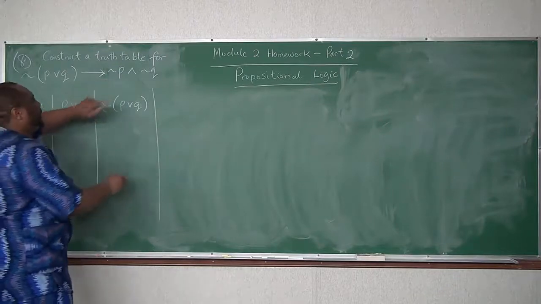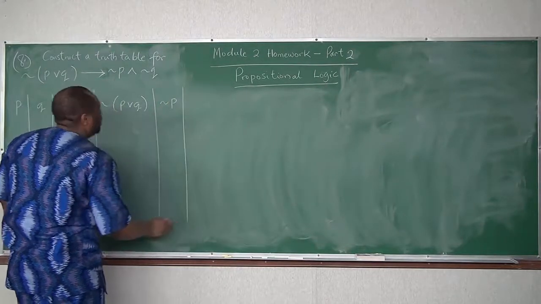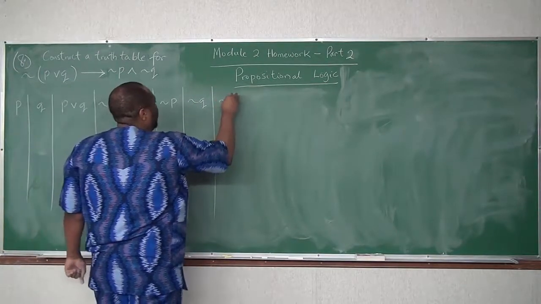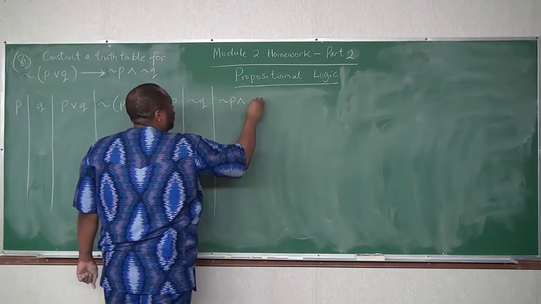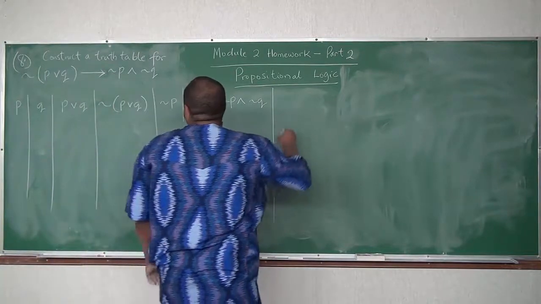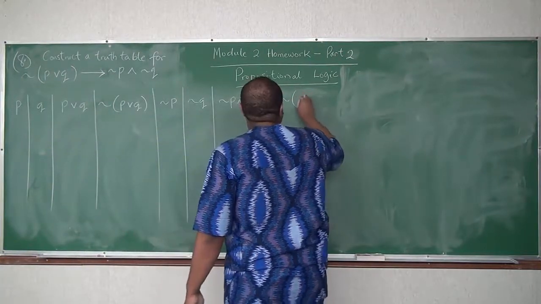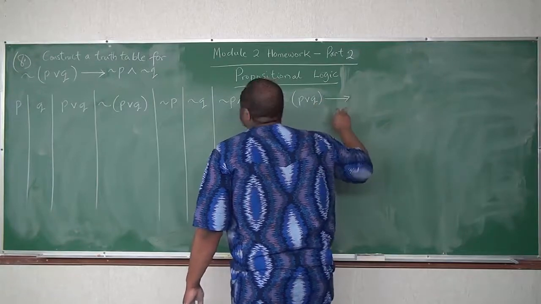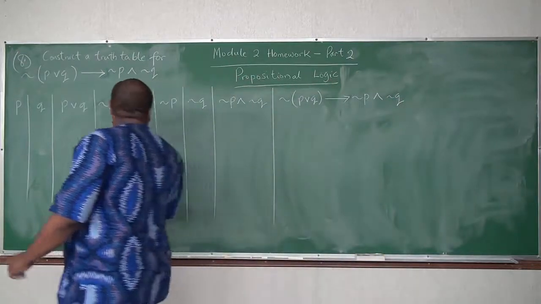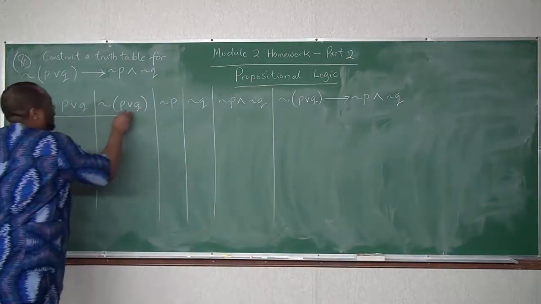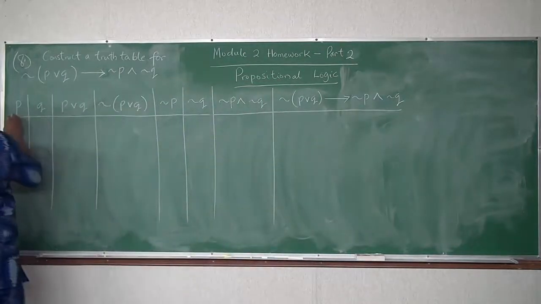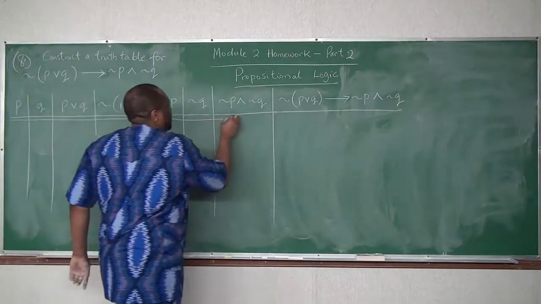We have not P, we have not Q, we have not P and not Q. Then we have this here: not (P or Q) implies not P and not Q. I like to use double lines to demarcate my statements from the truth values.